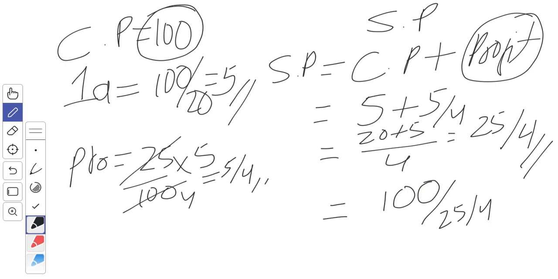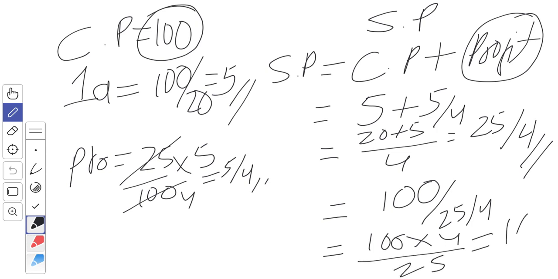So to get 100 rupees, we need to divide 100 by 25 by 4. This will give us 100 into 4 by 25, which equals 16 items.